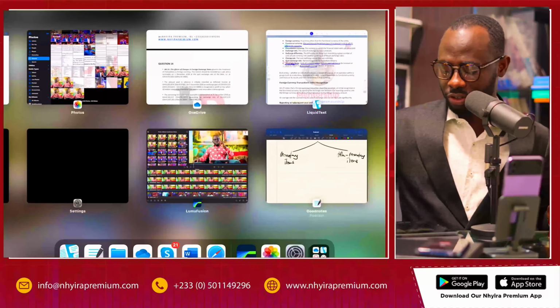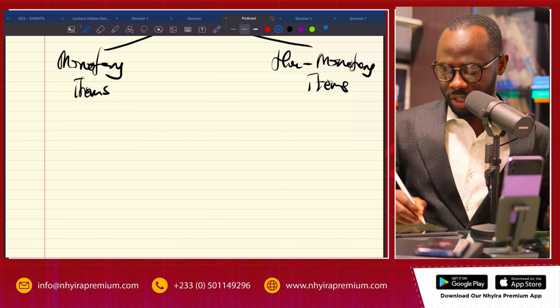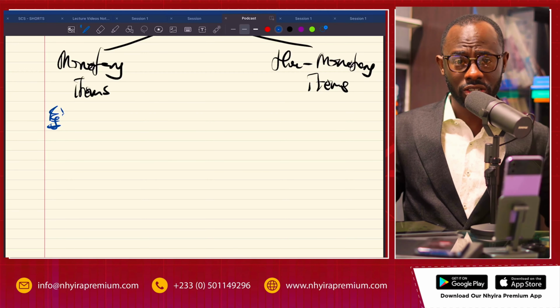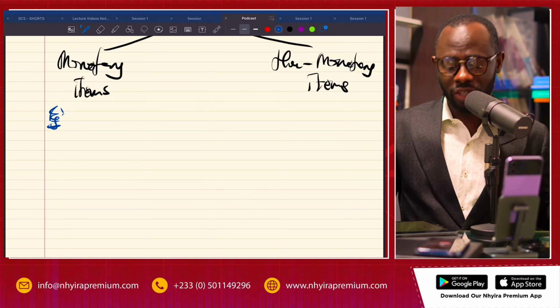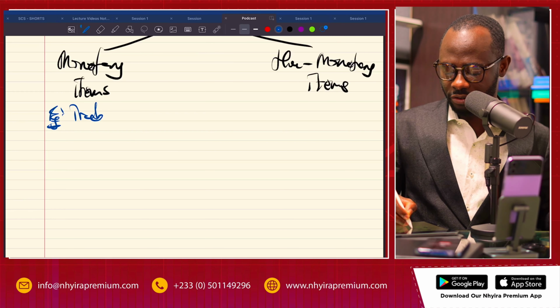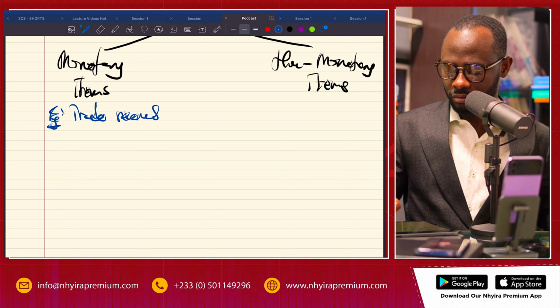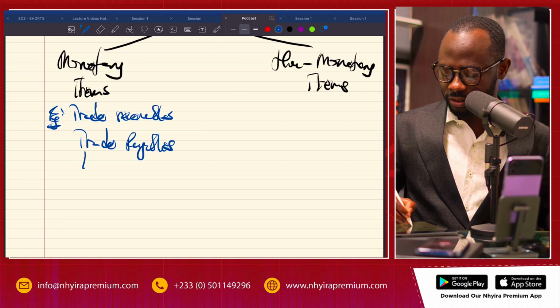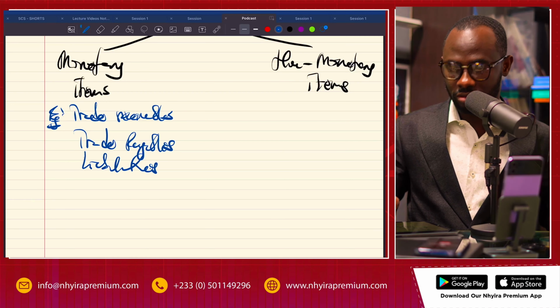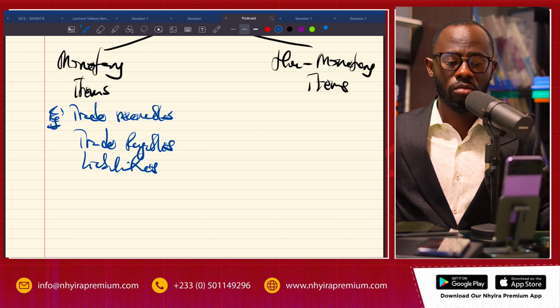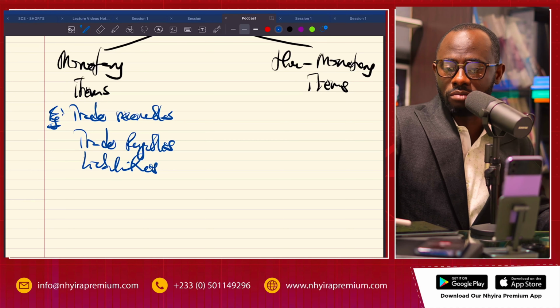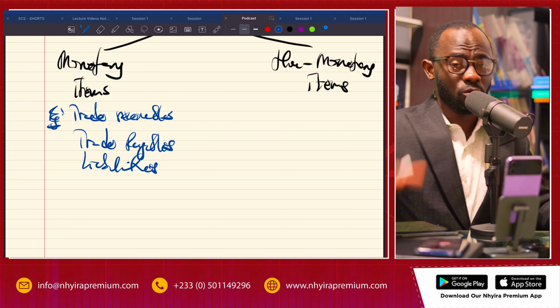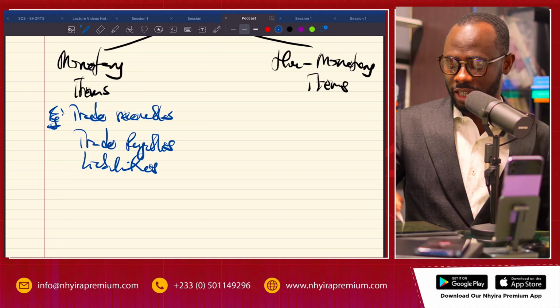Examples of monetary items for the purpose of this treatment are trade receivables, trade payables, and other liabilities. These are all going to be monetary items when it comes to accounting for them, and we'll get into how this applies later on.